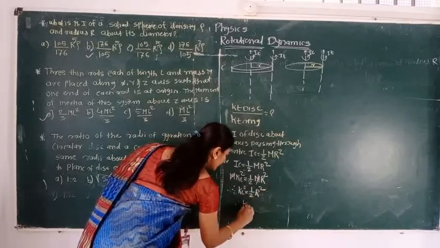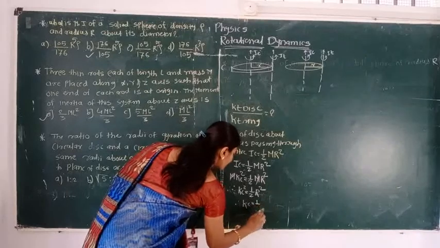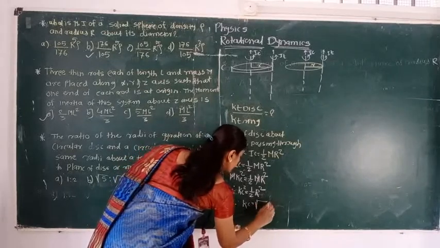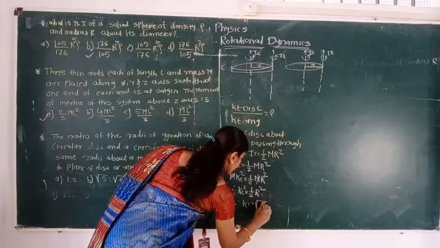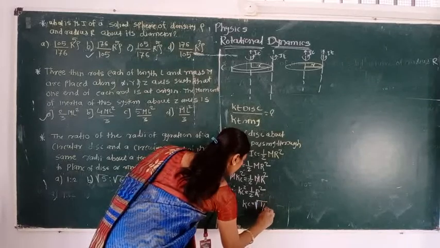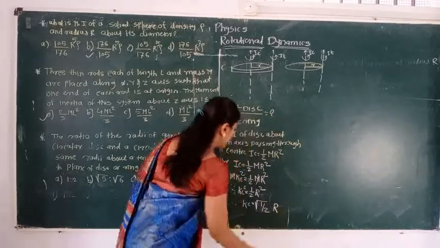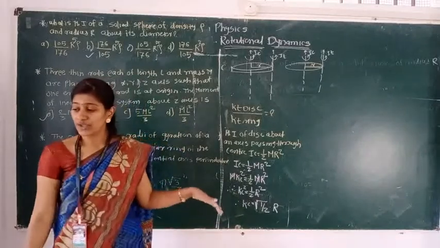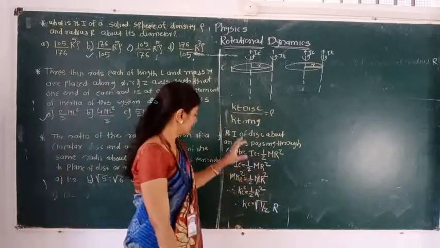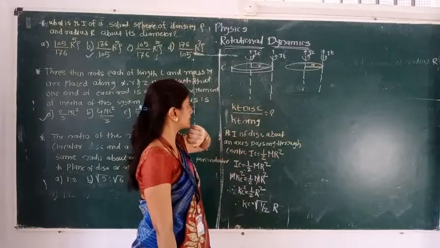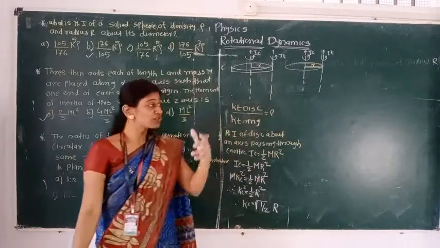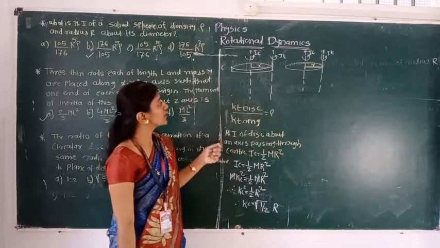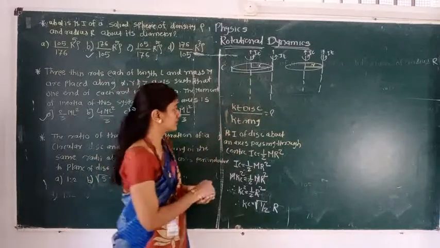From that we get Kc is equal to root of one half into r. This is the radius of gyration of a disc that we are getting. Now next we have to use the parallel axis theorem. Why? Because here we want to find the radius of gyration of a disc about a tangent.